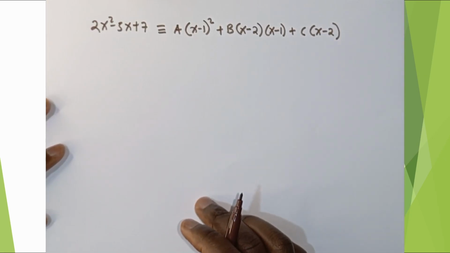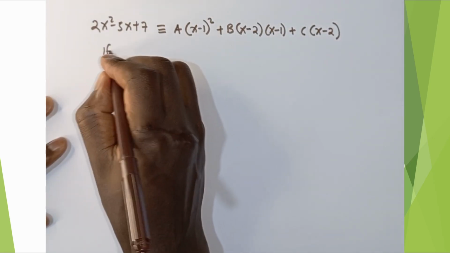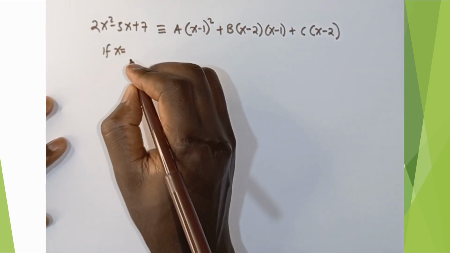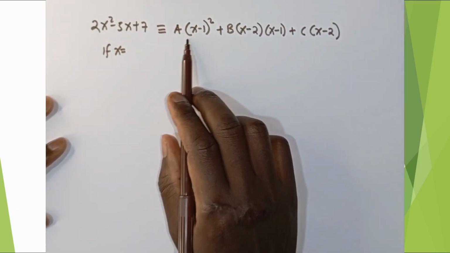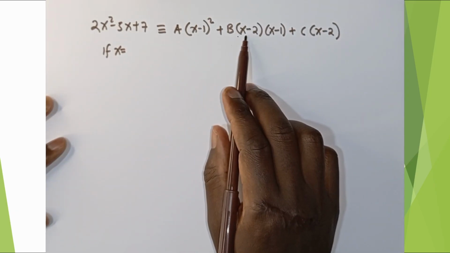So that is it. Now we use our technique of letting x equal to something. For example, if I need a, I can make b and c 0 by letting x to be 2.